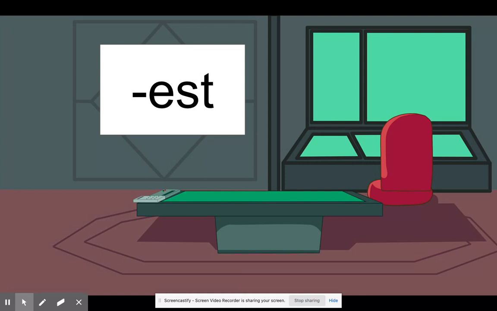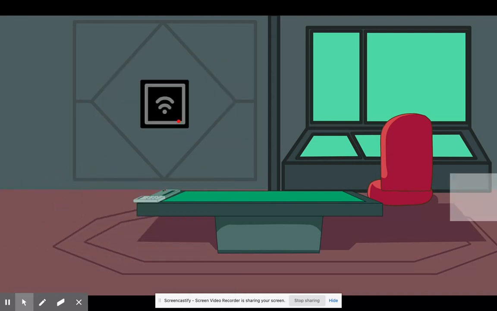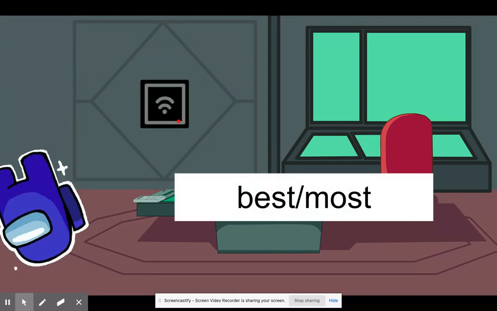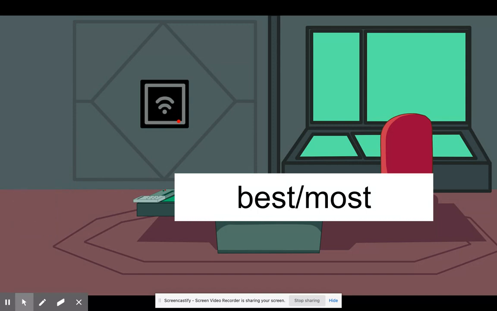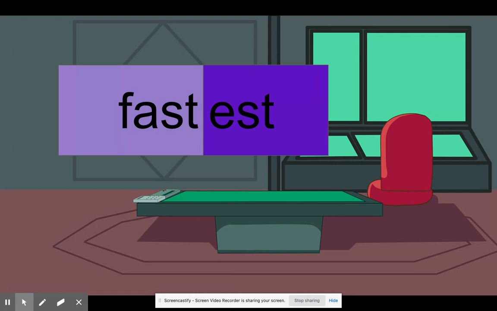We talked about this one, and this one is est, meaning best or most, depending on the context. In words like fastest, the base word here is fast.